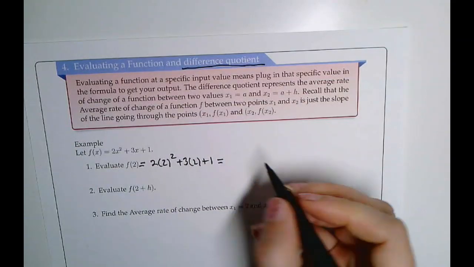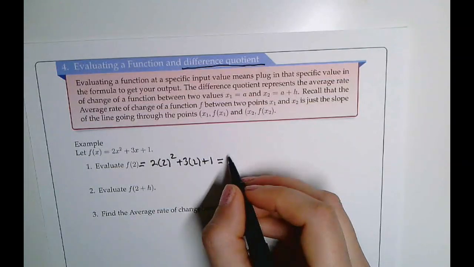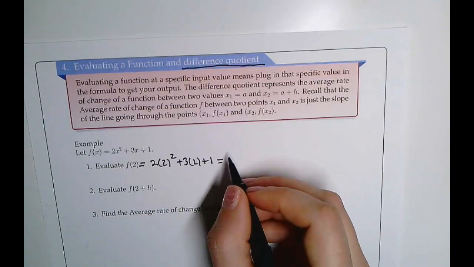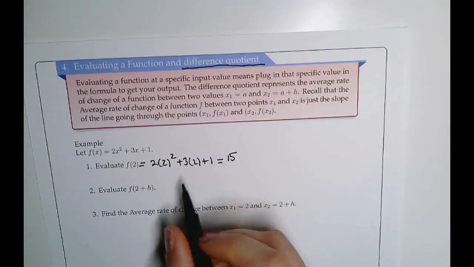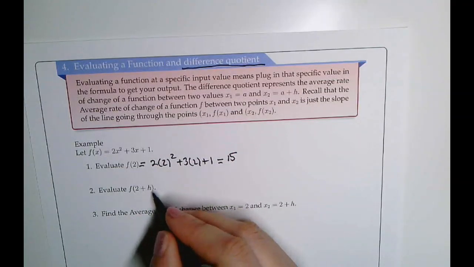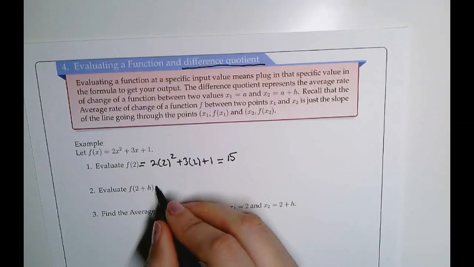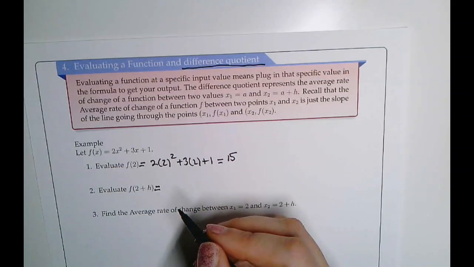And if I calculate this, I get 2 times 4 plus 6 plus 1. So it's going to be 15. Now I can also evaluate a function at f of 2 plus h. And h is just, you can think of h as just a small quantity.